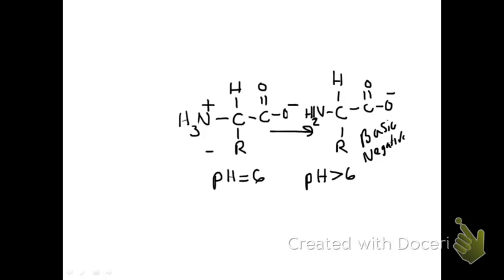Now, as we go below the isoelectric point, so the pH is less than 6 for alanine, then essentially we're going to form an amino acid that becomes more acidic.